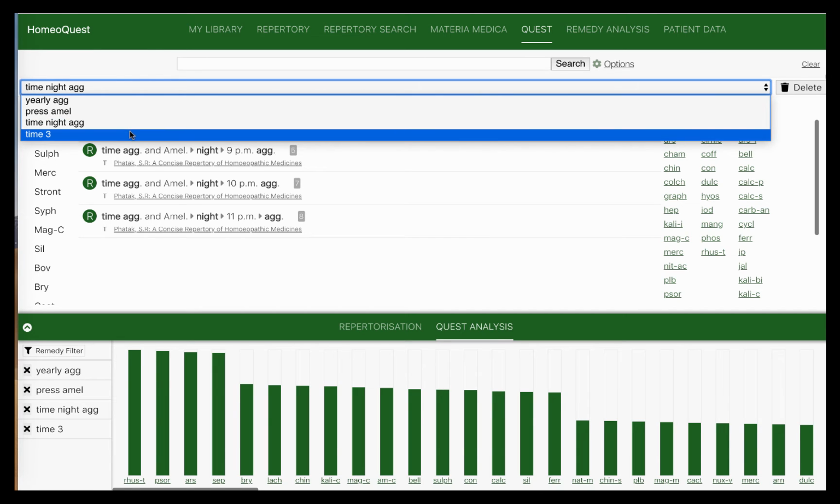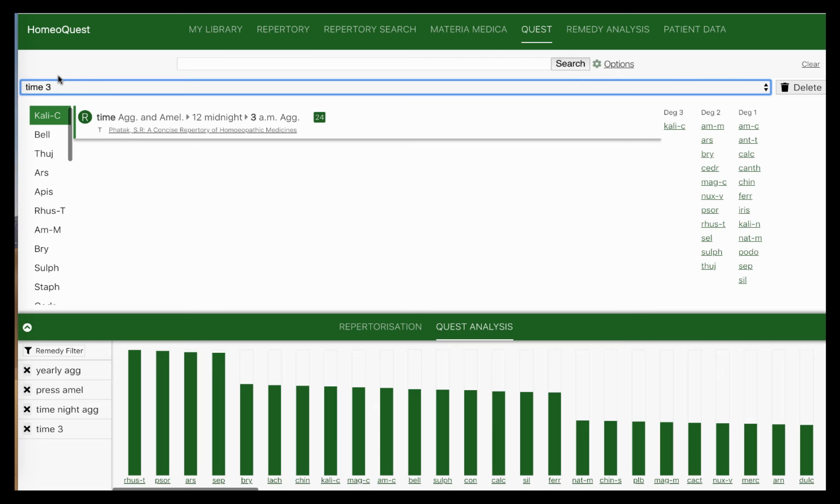So I've taken time first 3 a.m. I wanted to check what are the best remedies for 3 a.m. aggravation. And then I took 6 a.m. aggravation. But unfortunately, I could not find a lot of rubrics for 6 a.m. So I just let the 3 a.m. be, and we'll see, because it's a big enough rubric, big for Fatak in a way, right?